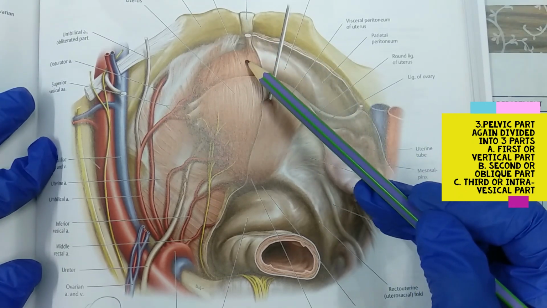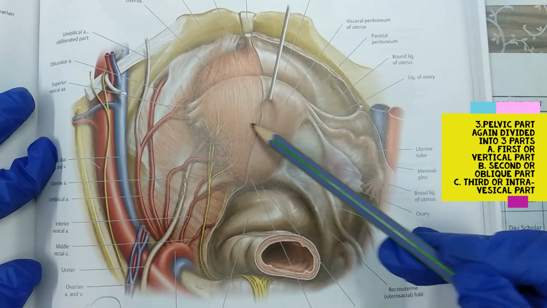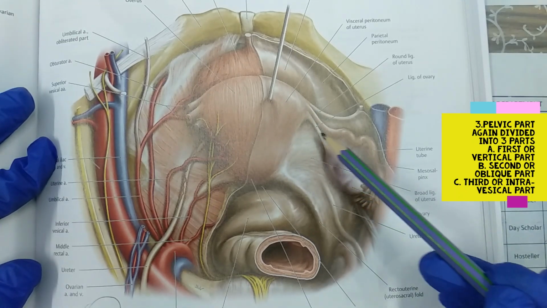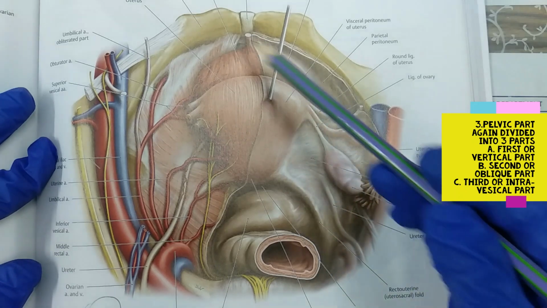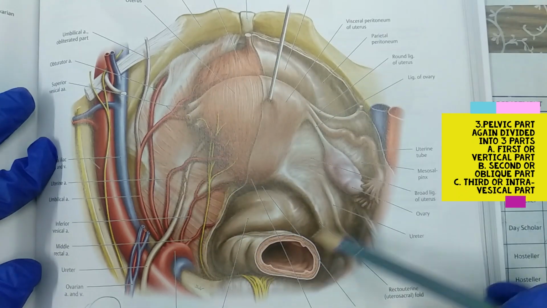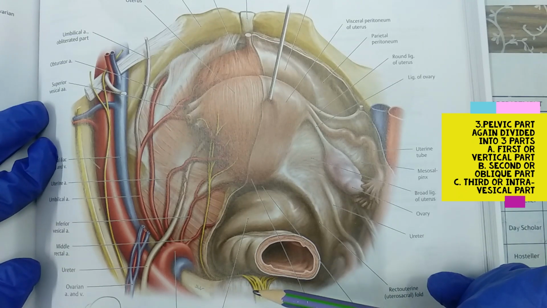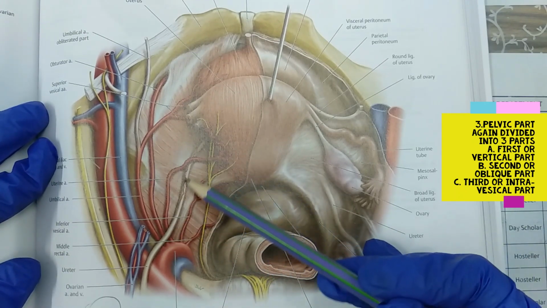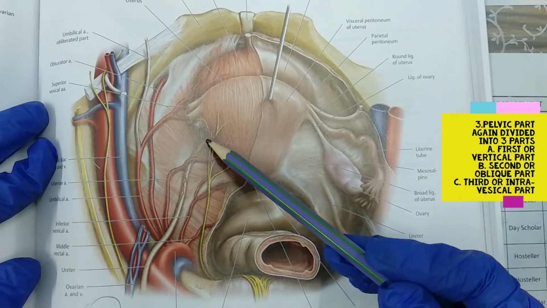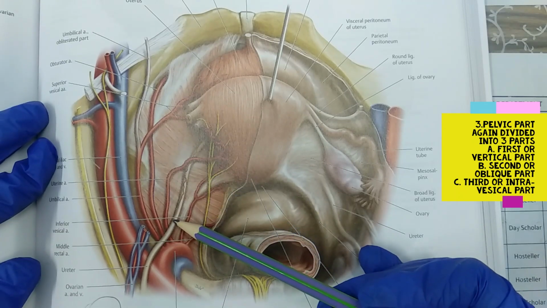Just behind the pubic symphysis there is the bladder, the uterus, ovaries, fallopian tube, and this is the rectum. So this is the superior view of the pelvis, showing the oblique part, the second part of the pelvic part of the ureter.